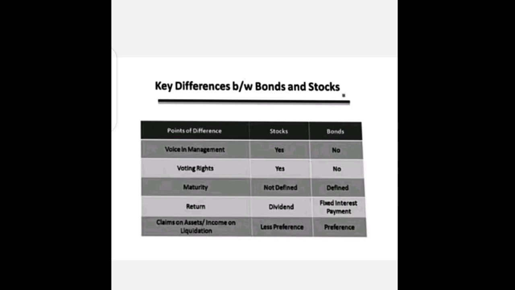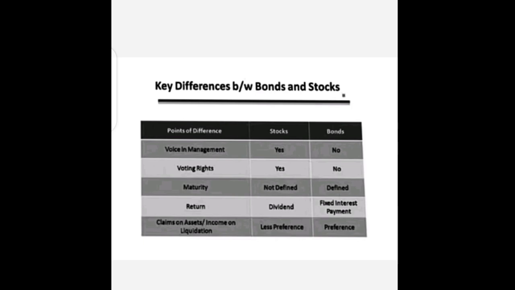Now, what is the difference between stocks and bonds? Stockholders have a voice in management and voting rights, but bondholders don't have a voice in management or voting rights.